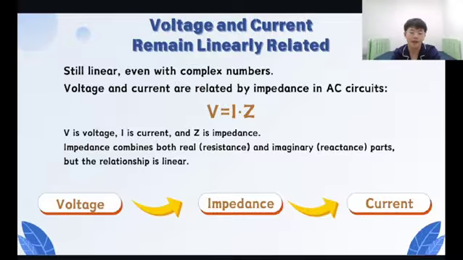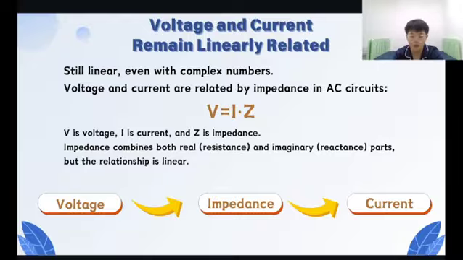Now, you might think that because we are using complex numbers, the relationship between voltage and current is no longer simple. But that's not true. The relationship between voltage and current in AC circuits is still linear, even though impedance is complex, and voltage and current remain linearly related.